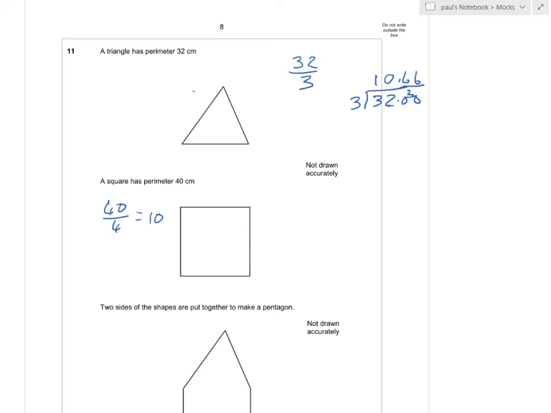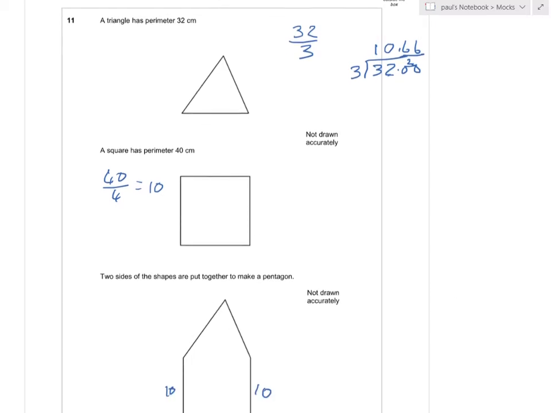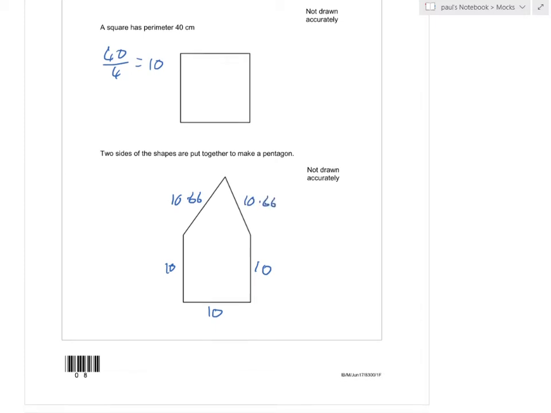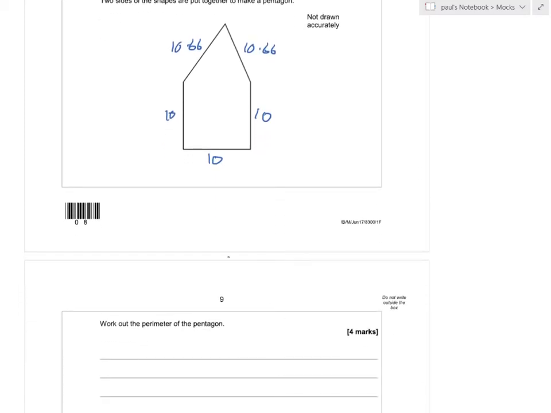I don't know, why didn't they make that 33? So 10.66. And what does it say? I've got 10, 20, 30, 40, 50.